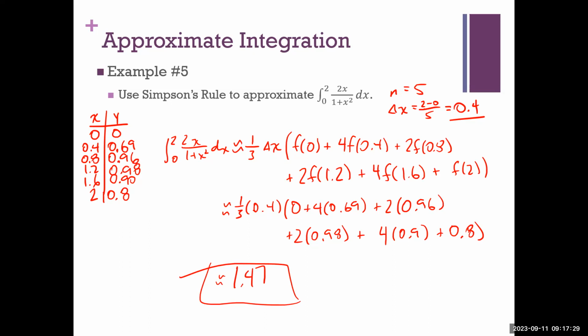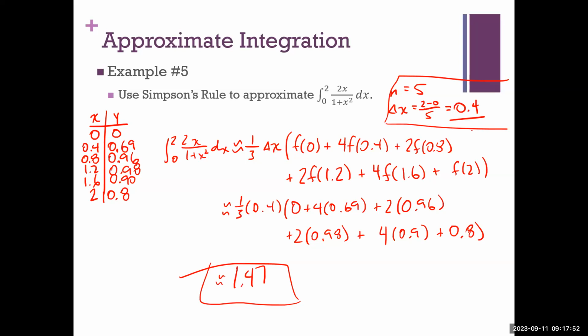Go ahead. Is it always going to be 4, 2, 2, 4? Or is it ever going to be like 4, 2? So we're not going to go through it again, but let's go back to the way that we've done it before. So we did 5 subintervals.